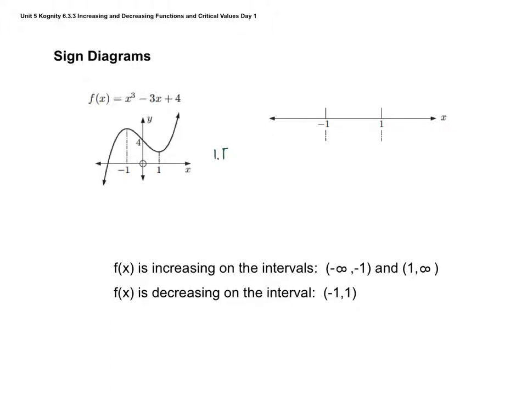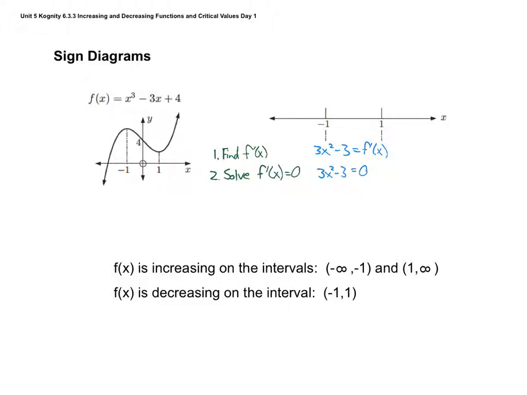So we're finding f prime of x, and secondly, we're going to solve f prime of x equals 0. So f prime of x is 3x squared minus 3. I set that equal to 0, 3x squared minus 3 equals 0, and I solve it.